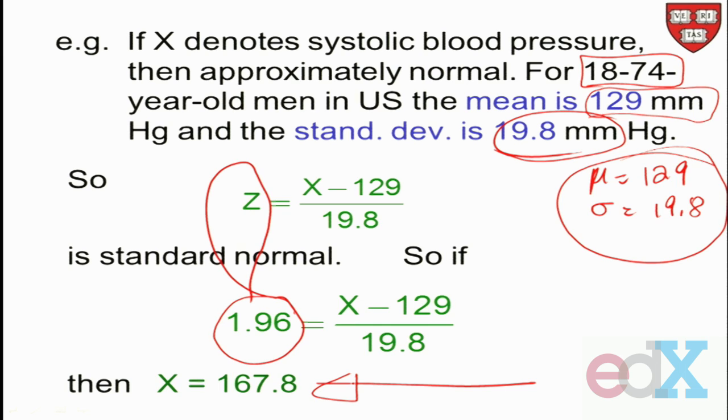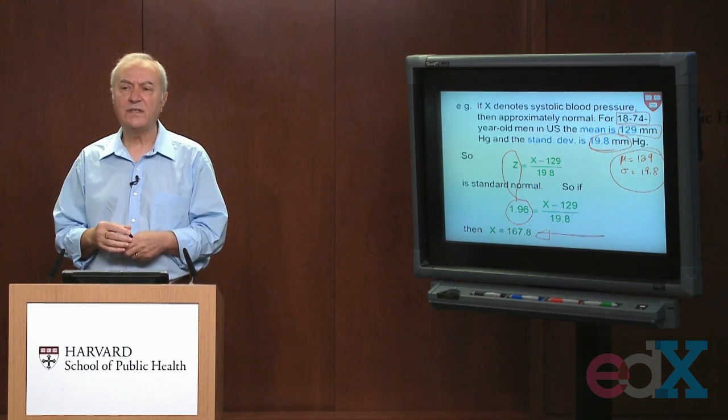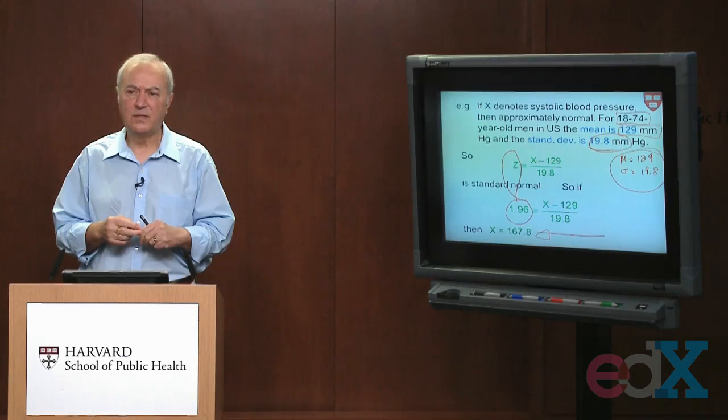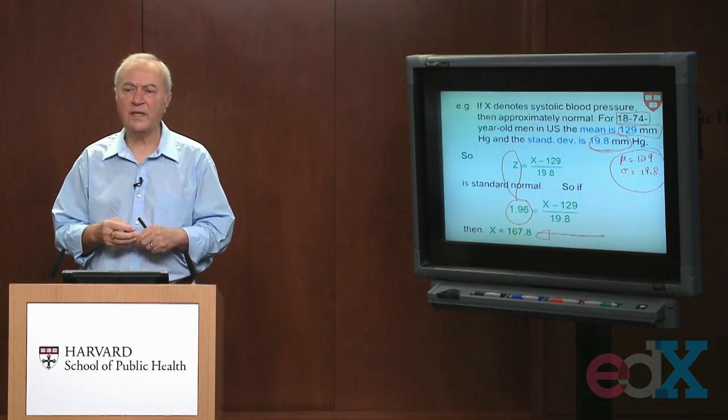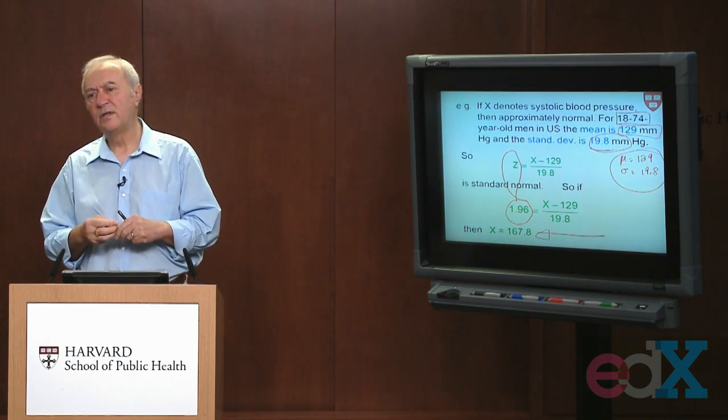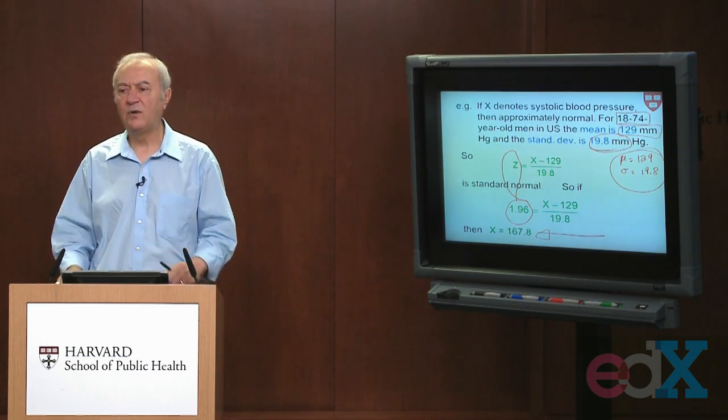So, for example, if that is an alarm, you can say, all right, if it's bigger than 167.8, this only happens 2.5% of the time. I should try and do something about that for my patient, or for all men in this age group who have systolic blood pressure above 167.8.